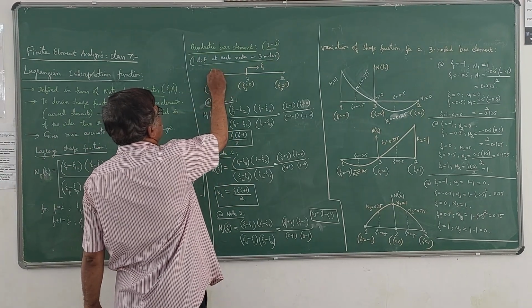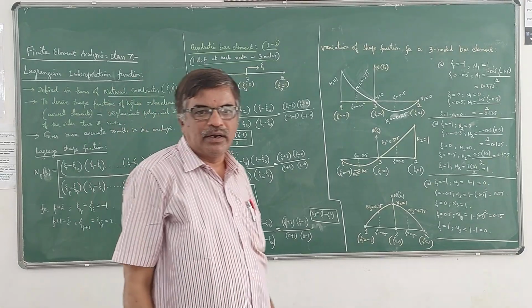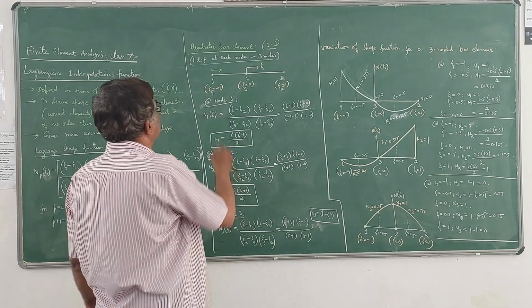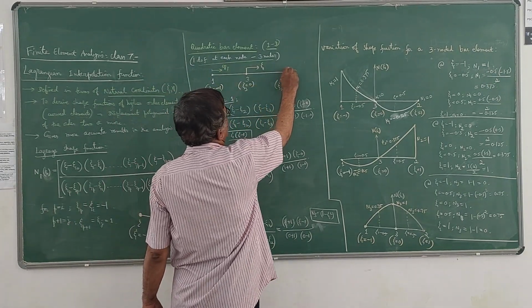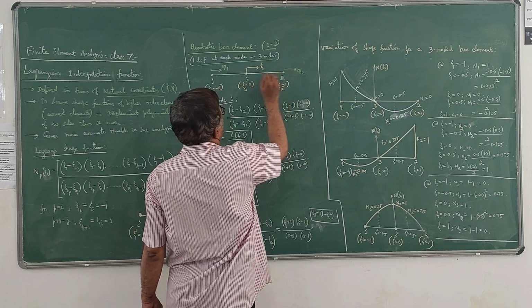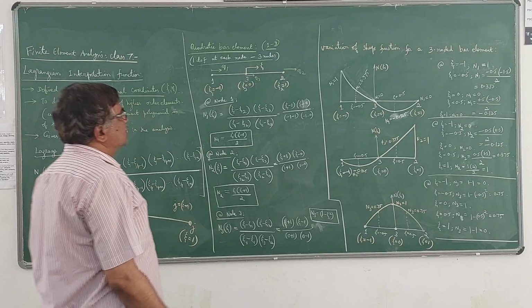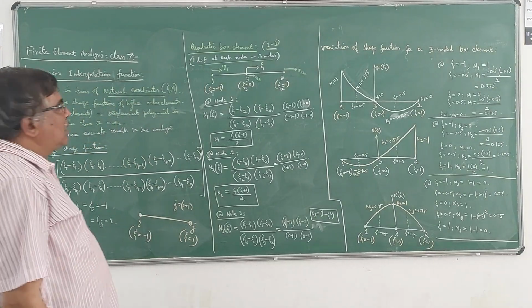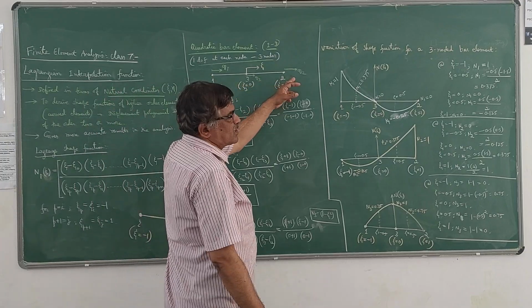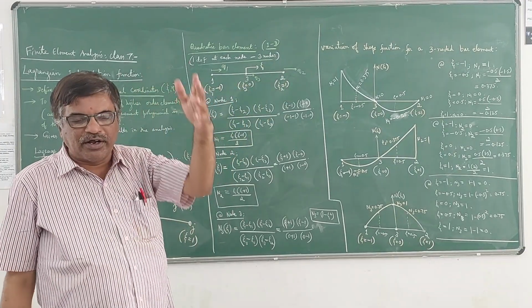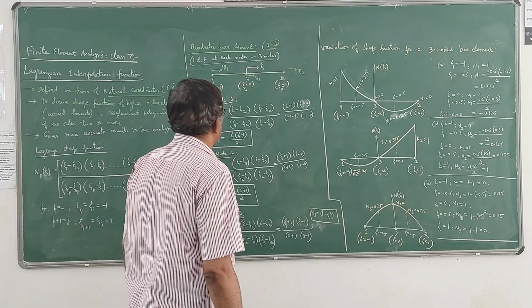Degree of freedom means the independent displacement that can happen at that node. So here the degrees of freedom are q1, q2, q3, the nodal displacements. Since it is a one-dimensional element with 1 degree of freedom at each node, the total degrees of freedom in the element will be 3.